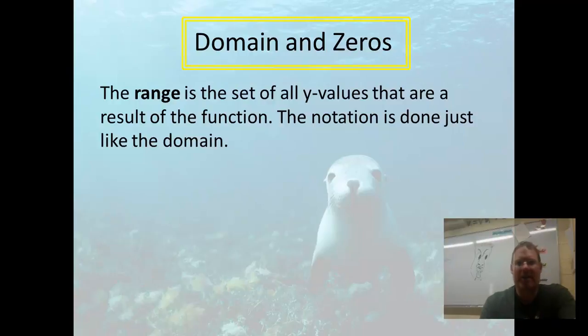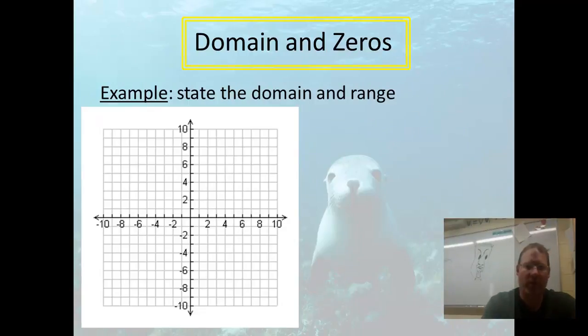The range is a set of all the y values that are the result of the function. Okay, and the notation is done exactly the same as the domain. So let's take a look at this problem right here. That's a fancy looking graph. Okay, the domain. Now understand that when we look at these, we want to start at the left and move our way to the right.